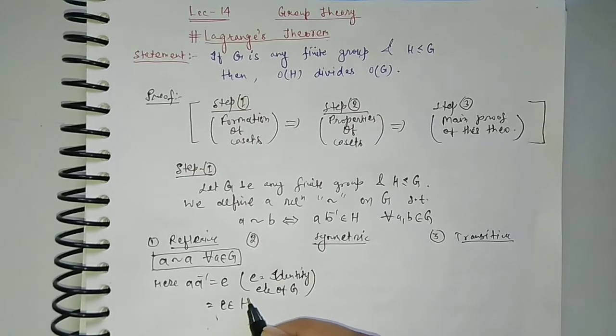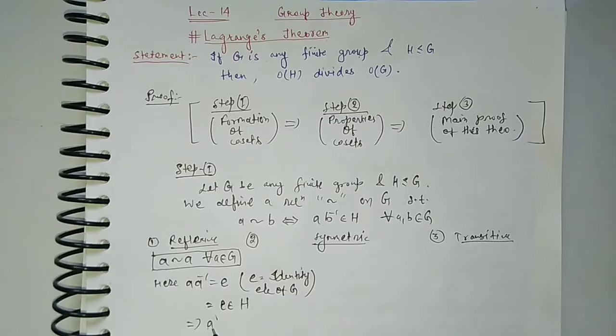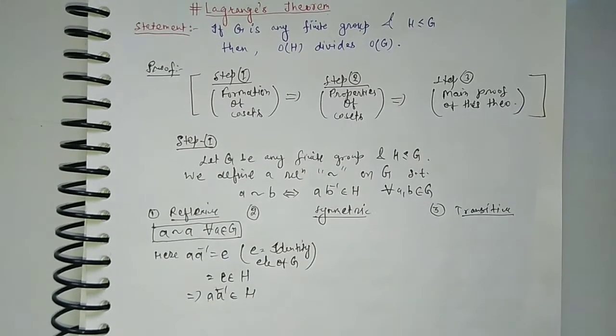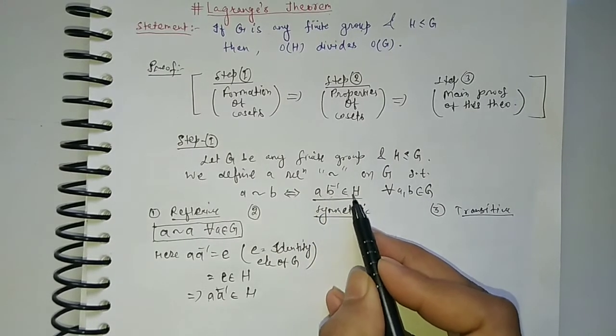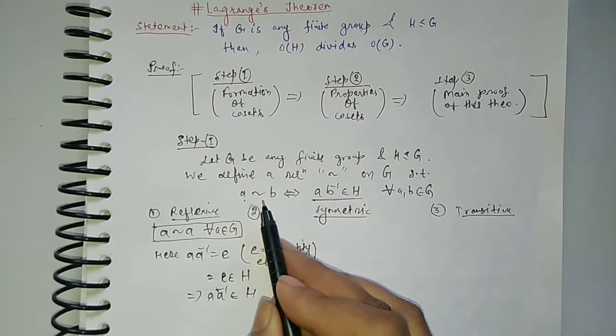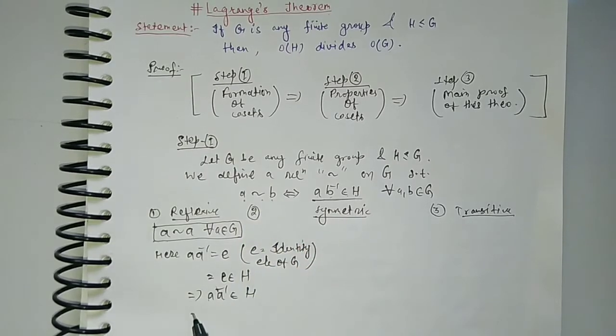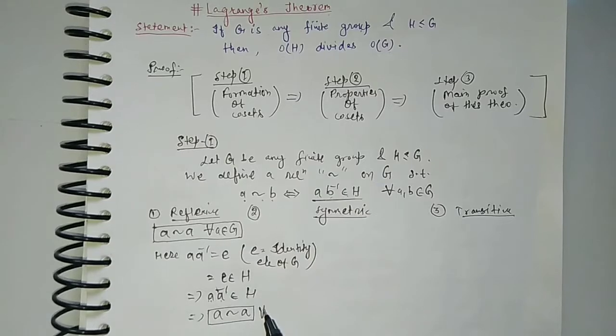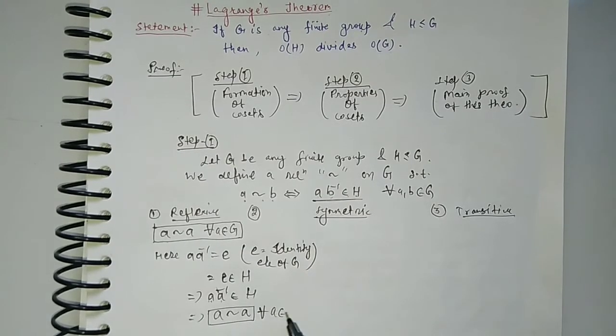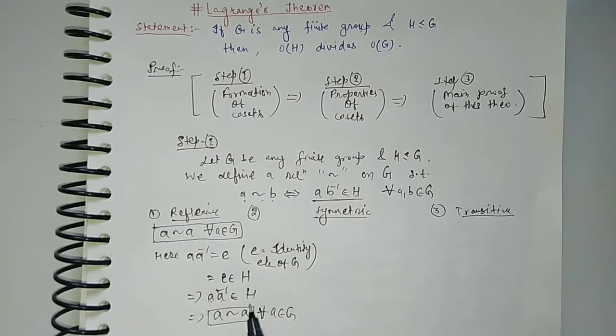So E belongs to H also, and this implies A A inverse belongs to H. So by this definition, if A B inverse belongs to H, then we can say that A is related to B. So if A A inverse belongs to H, then A is related to A, and this is true for all elements A from the group G. So we have proved that it is reflexive.